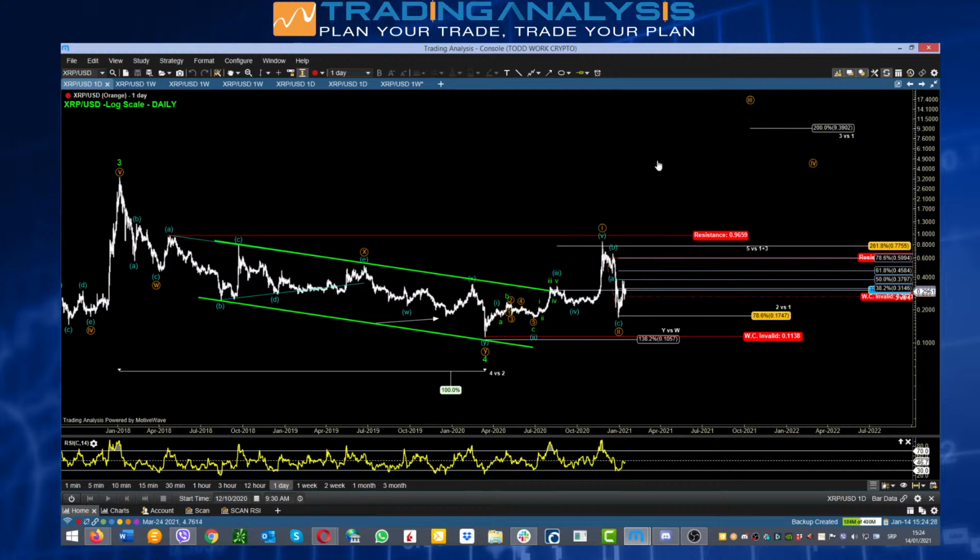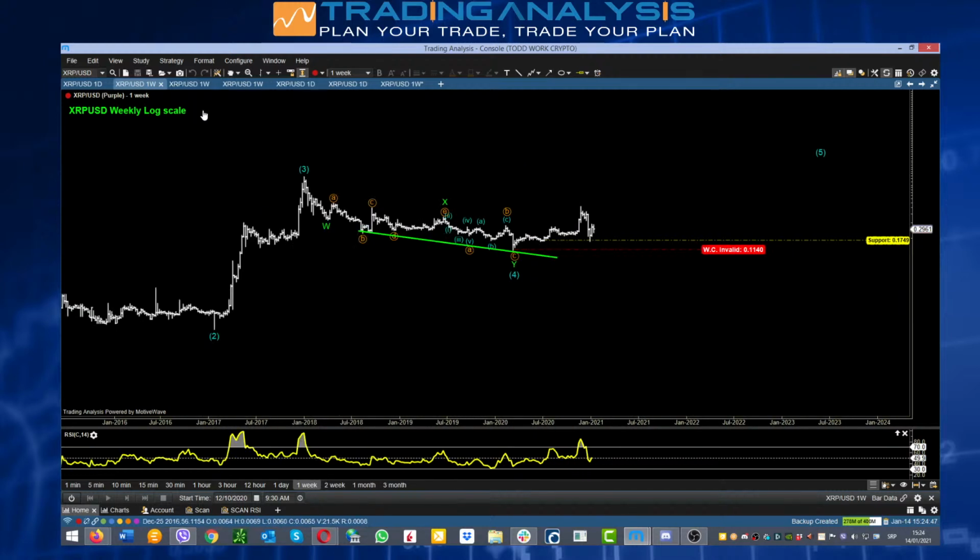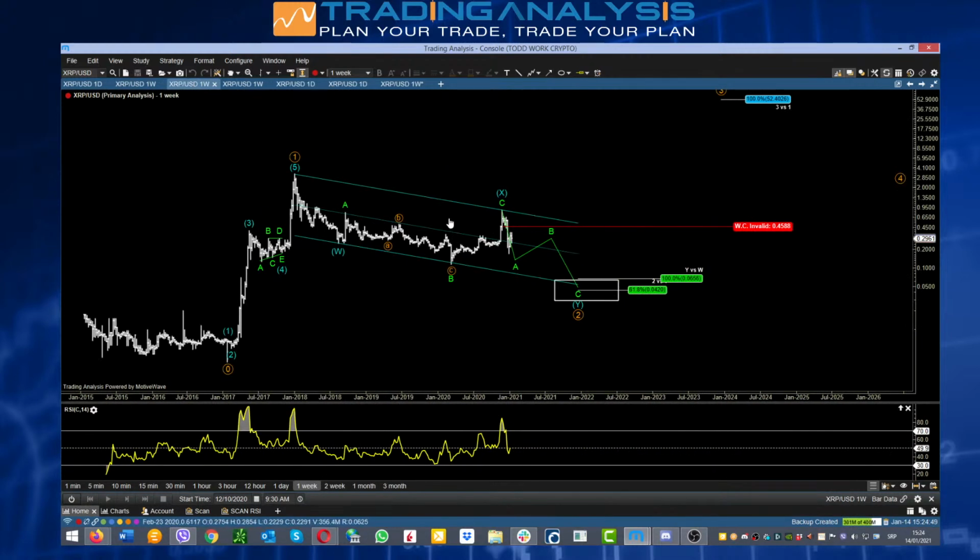But I don't think in the current environment this will be the case, because we have a lawsuit. Some of the exchanges took out the Ripple quote. So while we are in this trial or process, I think we will see a more indecisive way in how people look at Ripple.